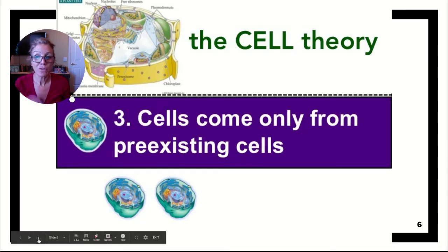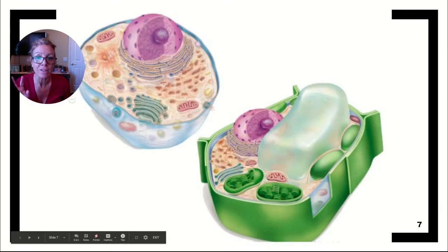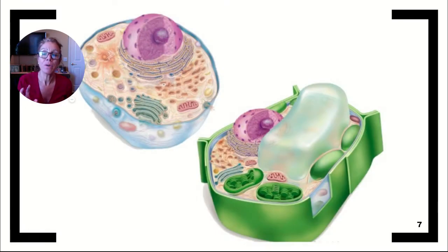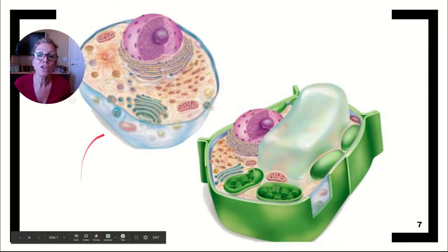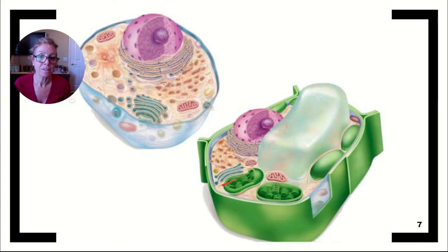All right, cells are very small, some cells smaller than others. These two cells right here are eukaryotic cells. Those are your larger cells. This is a typical animal cell and a typical plant cell. Now, when I say typical, if I said typical student, are there any really typical students? No, you are all unique and different, with different strengths, right?